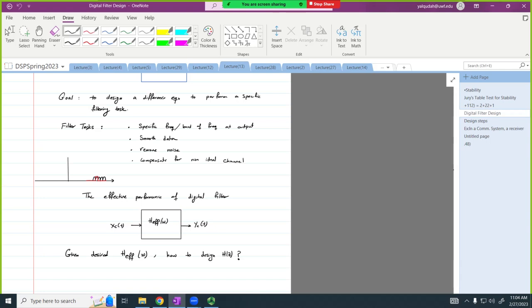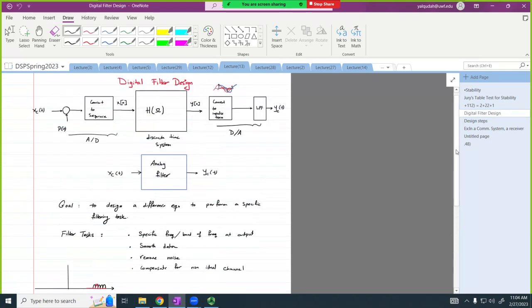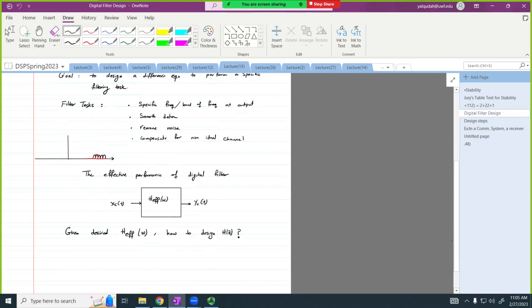So we're going to take the signal, we're going to convert it to a digital signal, we're going to design a digital filter, we're going to convert it back to another filter. The equivalent of all this conversion is this H effective. Does that make sense? So if you are looking at the signal from a continuous point of view, all that happened to the signal is it went through H effective. Make sense? Okay.